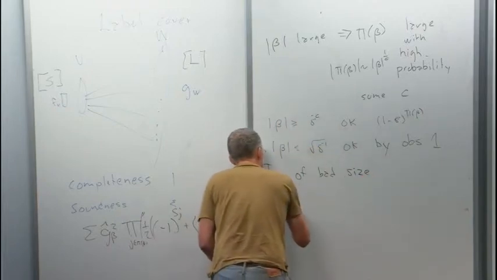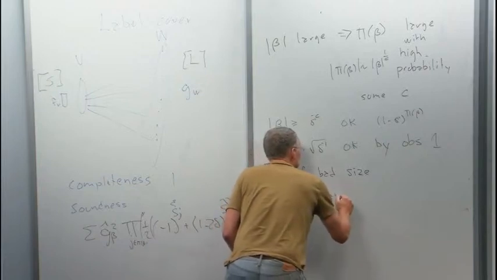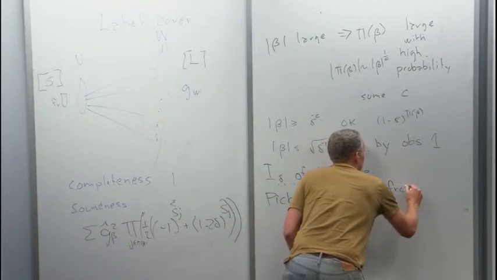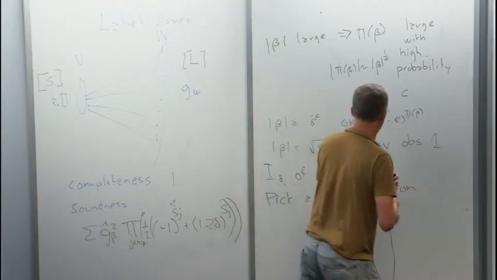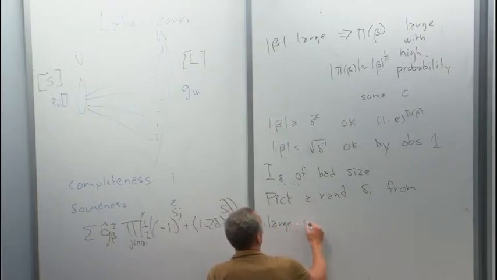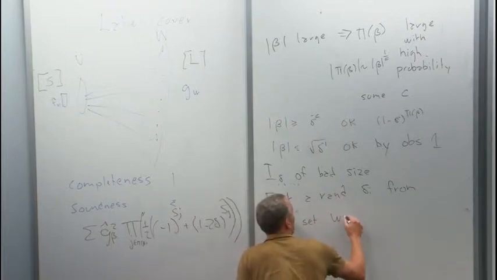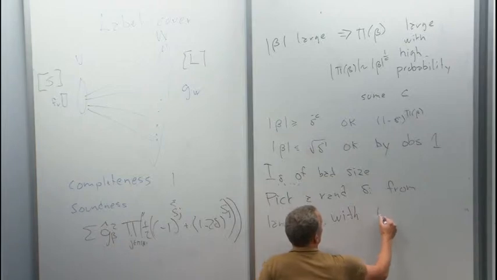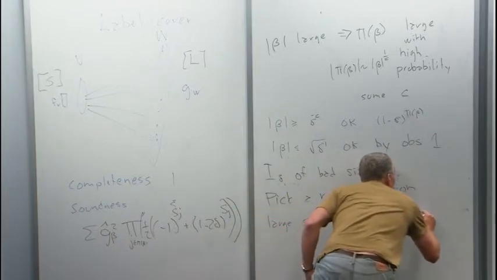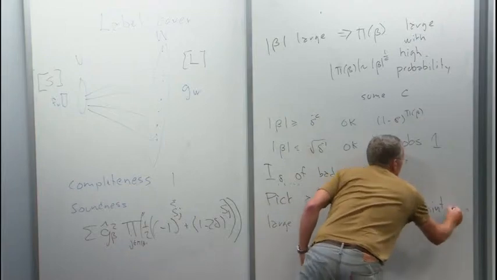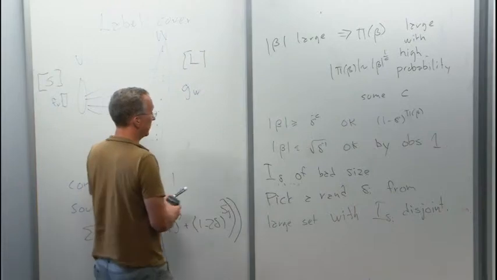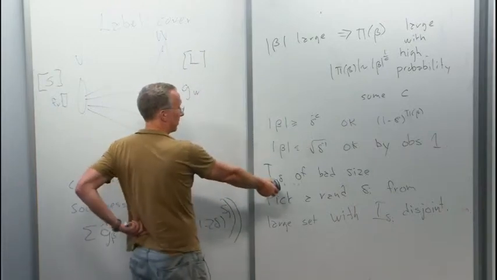So how do you solve this? Well, this says that we have an interval of bad sizes which depends on delta.